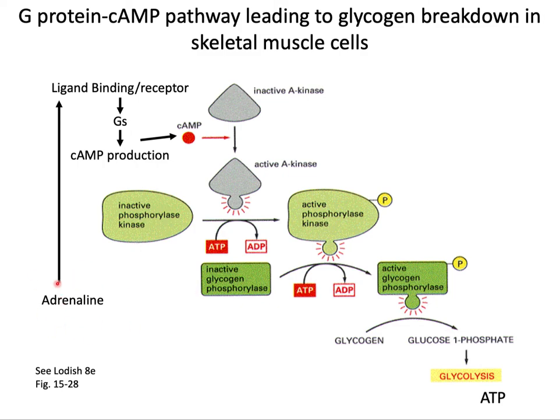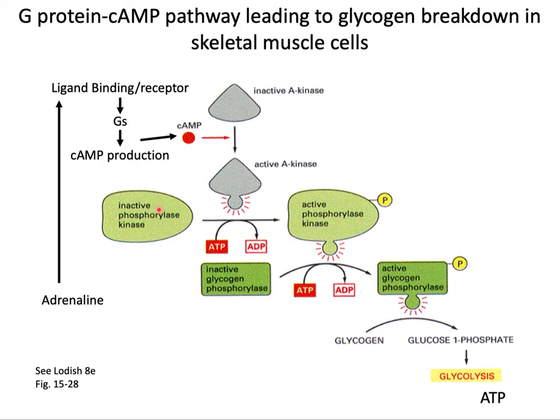So here is adrenaline. Adrenaline is also known as epinephrine. Adrenaline binds to its receptor, which is a G protein coupled receptor that can activate the stimulatory G protein. The alpha subunit of the stimulatory G protein then activates the adenylyl cyclase, and cyclic AMP then activates the protein kinase A. So the PKA then phosphorylates a phosphorylase kinase.